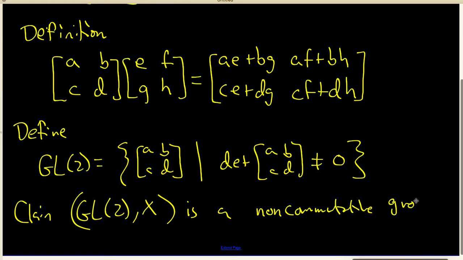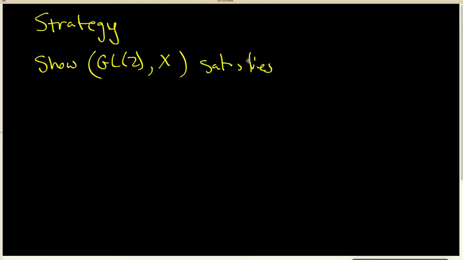Well, the first thing is that we have to show that this thing is a group, and I want to talk a little bit about the strategy for doing that. So the strategy to show that anything is a group, we need to show that GL2 under its multiplication satisfies all of the group axioms.